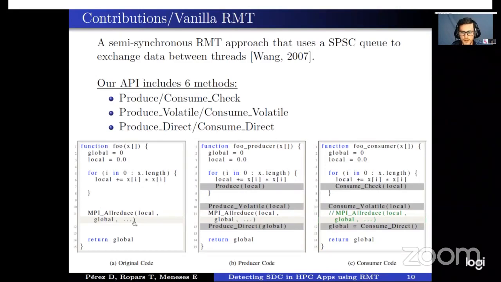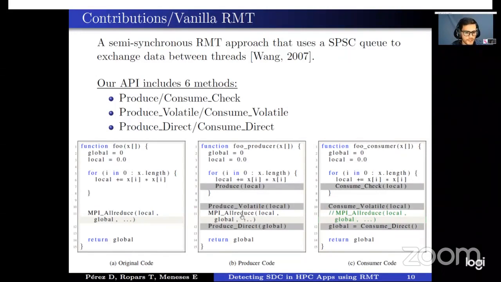This MPI all reduce is what would be identified as a volatile point. So in the vanilla approach, after every modification, there will be a produce operation on the leading thread, and there will be a consume check operation on the trailing thread. In these volatile points, there will be a produce volatile on the producer side, and a consume volatile on the trailing thread.